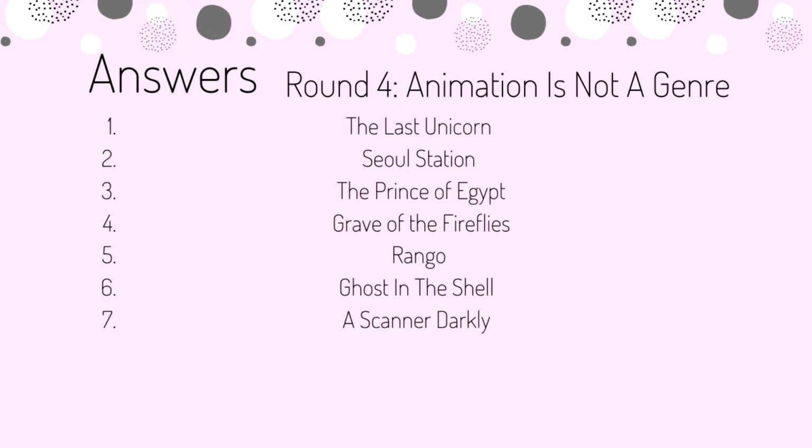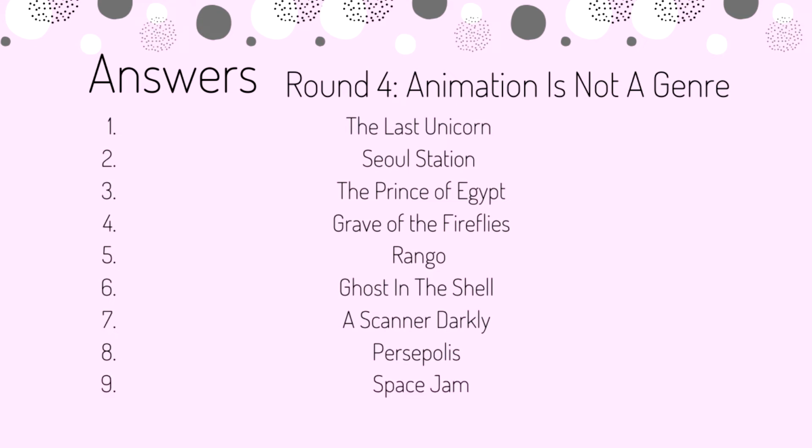Number 7, interpolated rotoscope is when you film something and then you draw animation over the top. It's seen in lots of different movies, most notably Tron, but the one I was looking for, starring Keanu Reeves, was A Scanner Darkly. Number 8, based on the black and white graphic novel set in the Iranian Revolution, it's Persepolis.